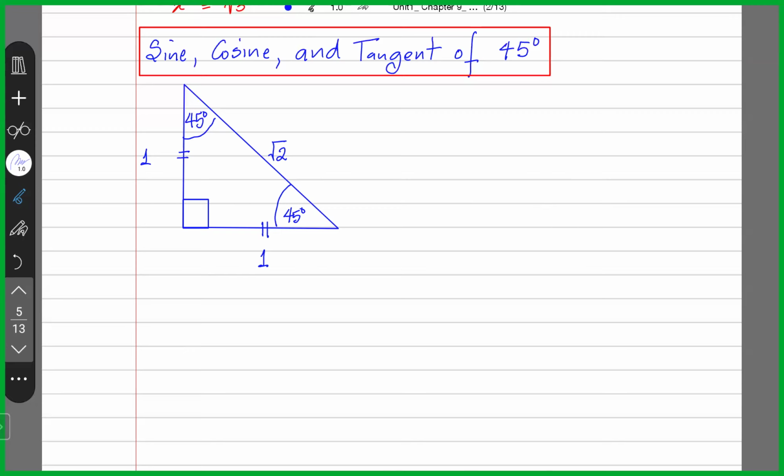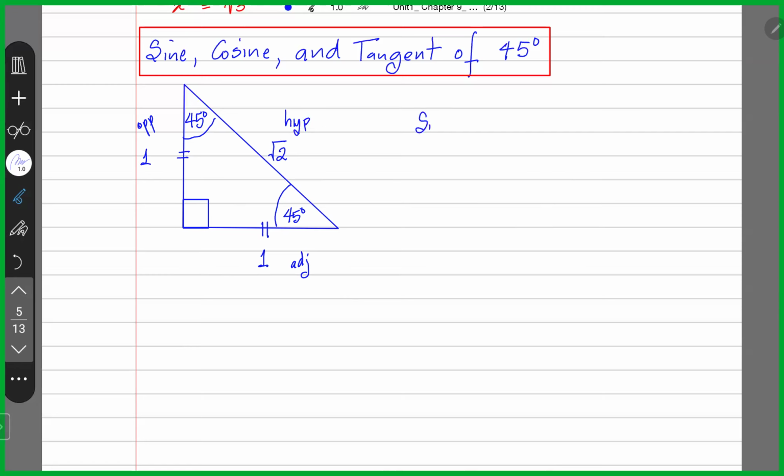It's the hypotenuse, and by Pythagoras theorem, that side would be root 2. Use any one of the 45 degrees, it doesn't matter. The side that's marked 1 is opposite. The side that is marked 1 is also adjacent. And the hypotenuse is root 2.